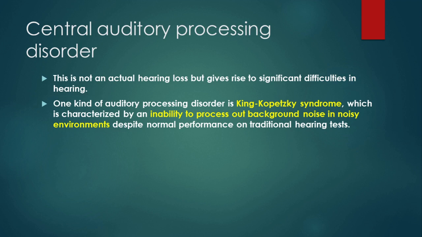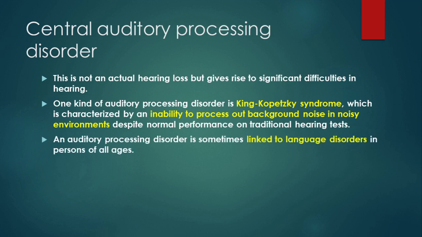Normally, we can hear properly even if there is some amount of background noise. This is because of our ability to filter out background noise and focus on important auditory information. But a person with King-Kopetzky syndrome cannot do this. Auditory processing disorder is sometimes related to language disorders.